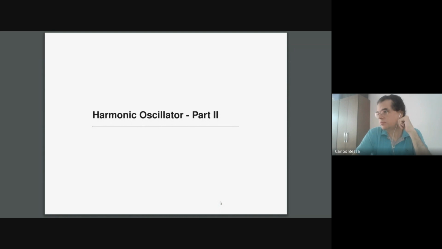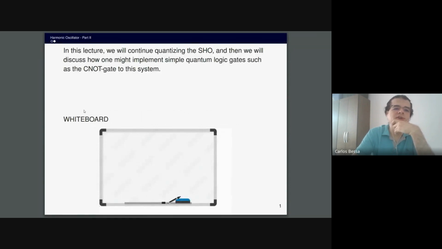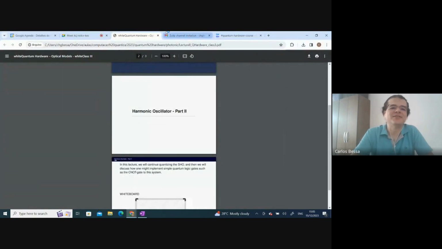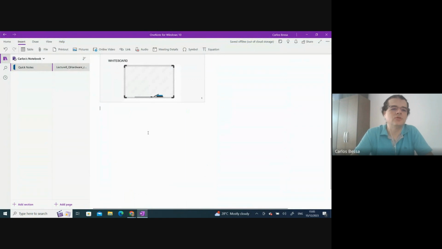We are in the second part of the harmonic oscillator. The idea is continuing the quantization of the single harmonic oscillator, and I'll make a connection with quantum computation. So this is the only slide I have for today. So let's go to the board.